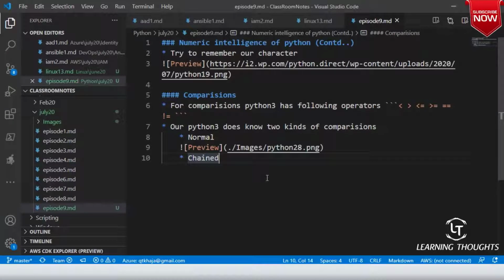Right. Now, if this is normal, then what is changed? So this is where I want to write the stuff. Interestingly, our Python 3 allows us to chain multiple comparisons.